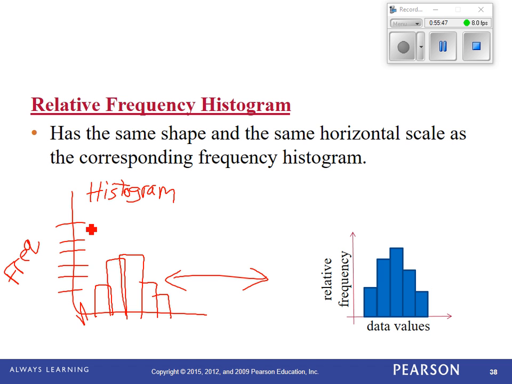The relative frequency along the side, the vertical axis here, has a decimal or the percentage. So they're exactly the same thing, it's just changing that vertical axis.